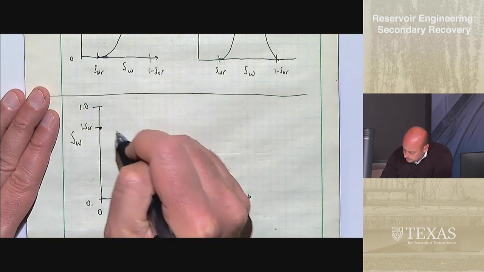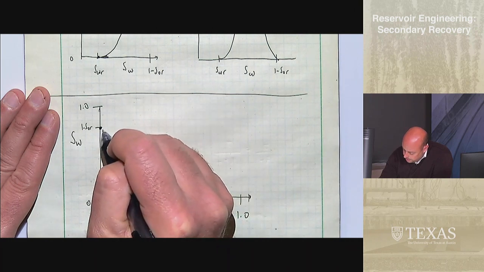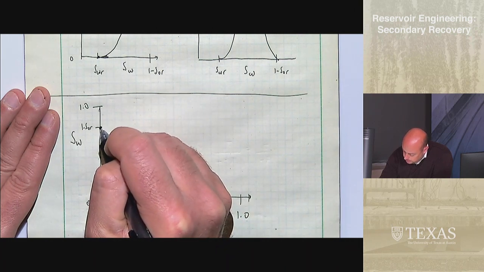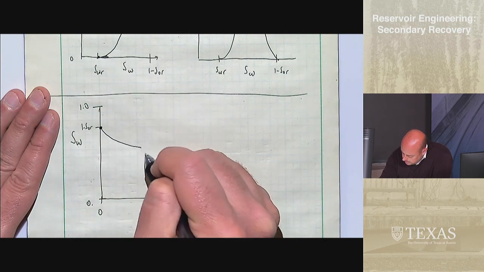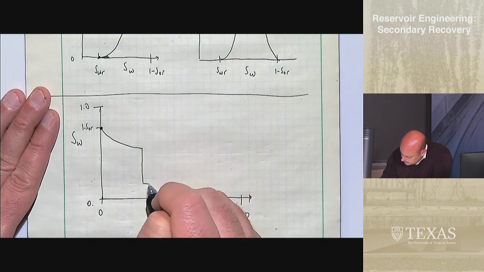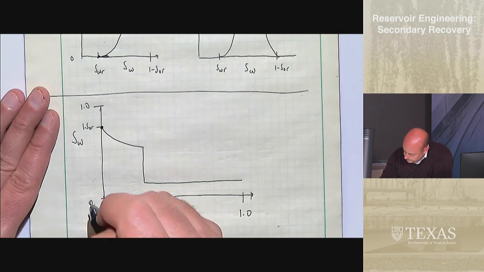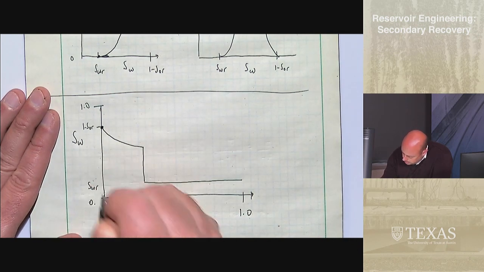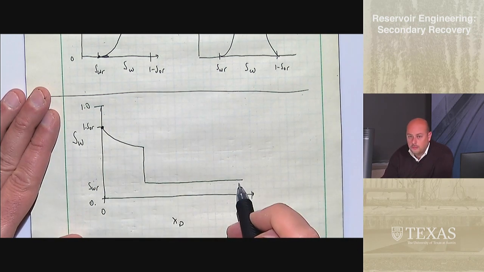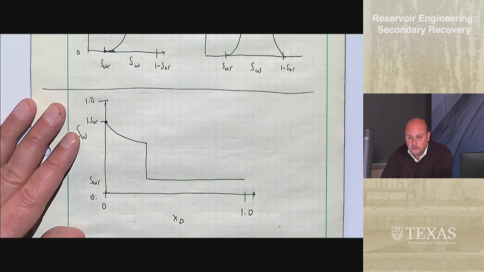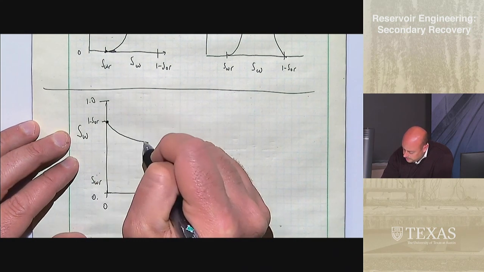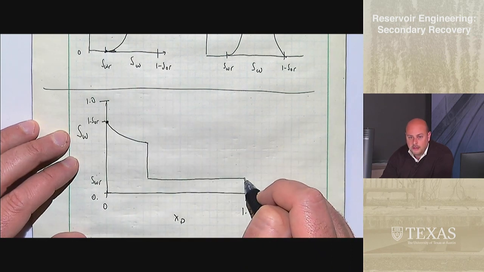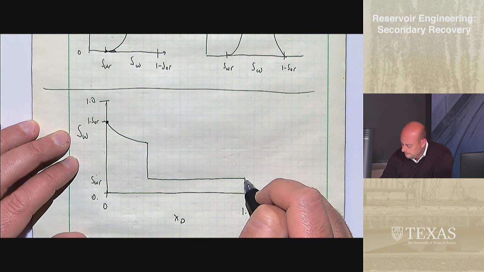What normally happens is you'll get something that looks like this. This is Swr. Your water saturation will never go below the residual or irreducible water saturation. But the water saturation is high in the front and low in the back. Remember, we've got mostly oil in there at the beginning.